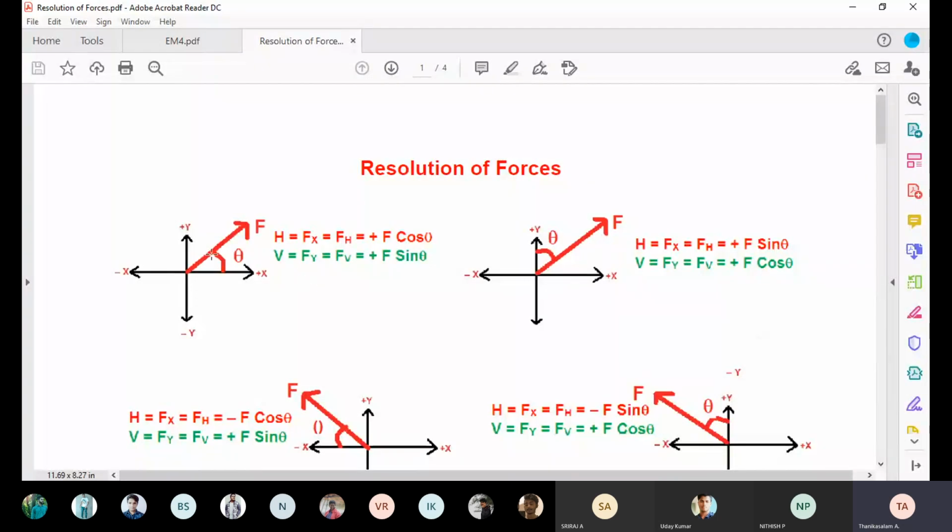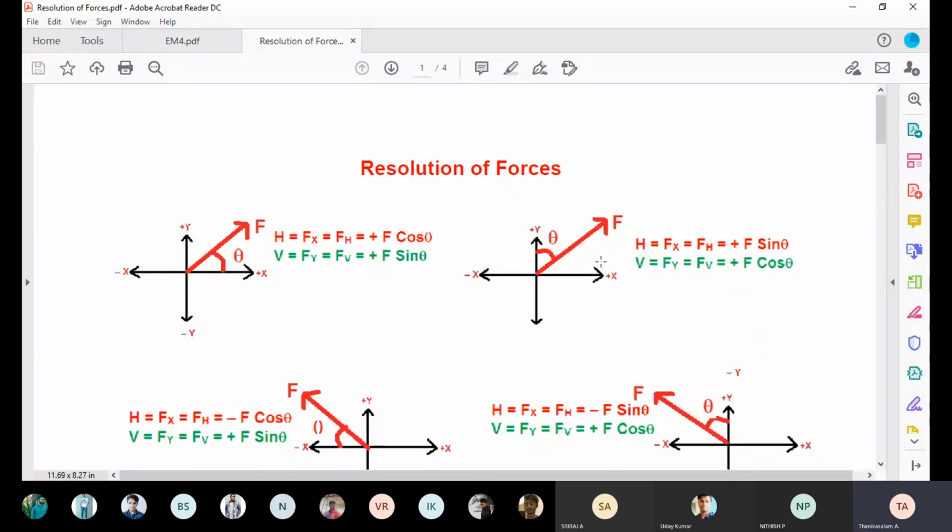So this first force is lying in the first quadrant with respect to the x-axis. Therefore, the x component, see here, is plus F cos theta. Vertical component plus F sin theta. First quadrant means x plus. Here theta is with the x-axis, therefore F cos theta. The y component is plus, therefore F sin theta. See the next diagram.